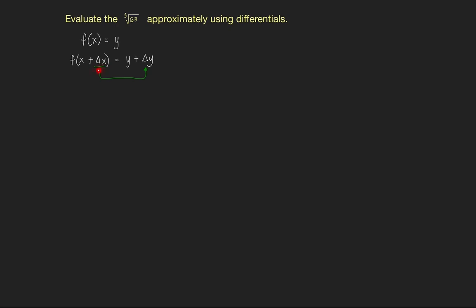So if this delta x is very, very small, this will now be f of x plus delta x equals y plus dy. Again, this dy is not equal to delta y. Now, if we are to extract the cube root of 63, the first thing that we write is that the cube root of 63 is our f of x plus delta x, wherein the delta x is very, very small.